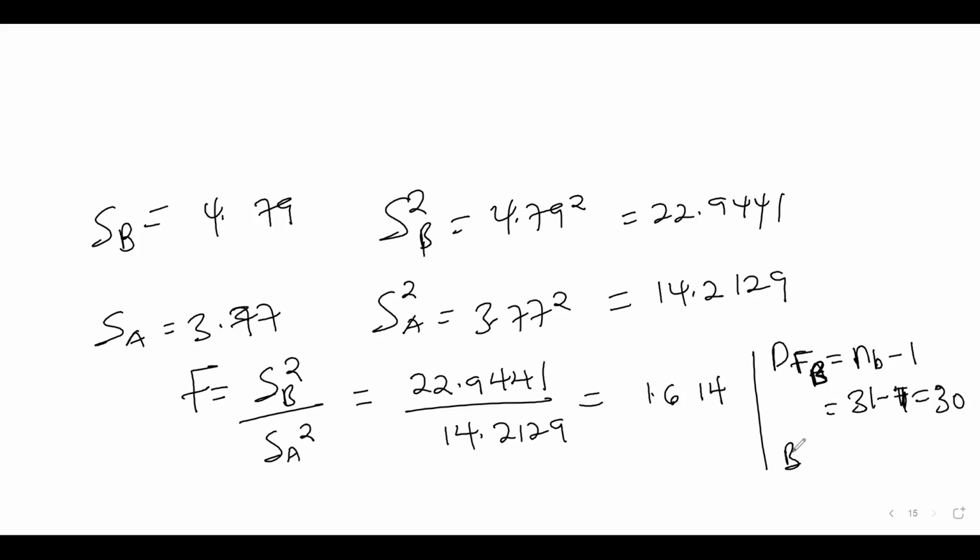And then group A is the denominator. So the degree of freedom of group A is the sample size, 25 minus 1, so it is 24. Okay, so the degree of freedom of the numerator is 30, and the degree of freedom of the denominator is 24.